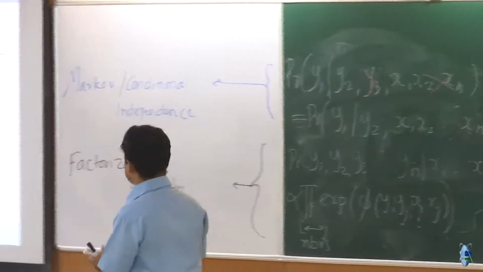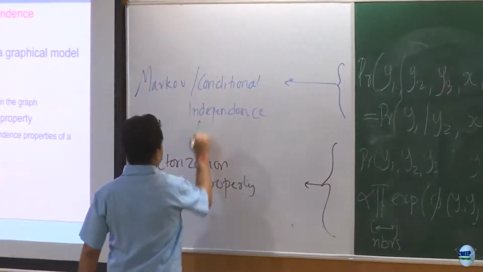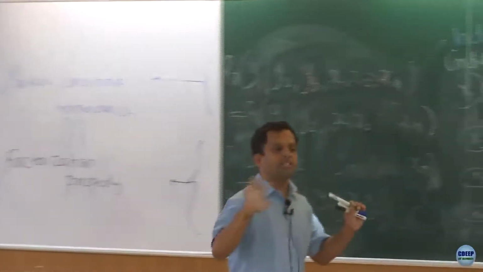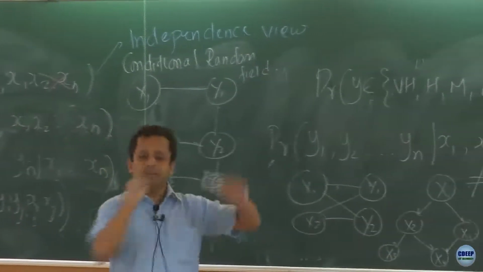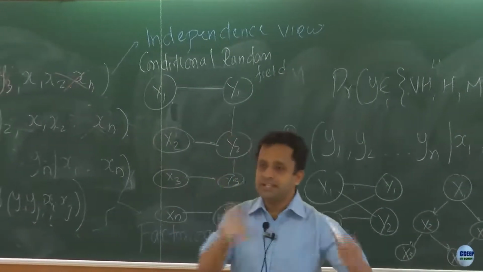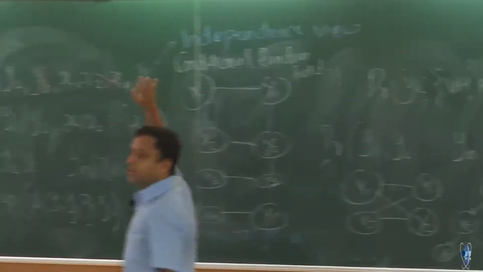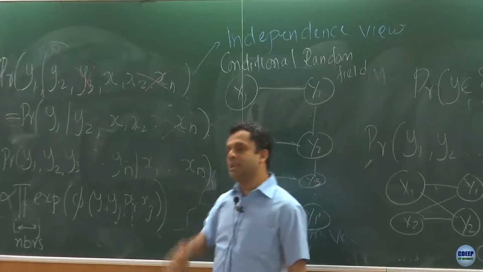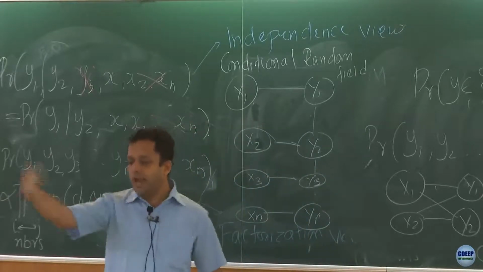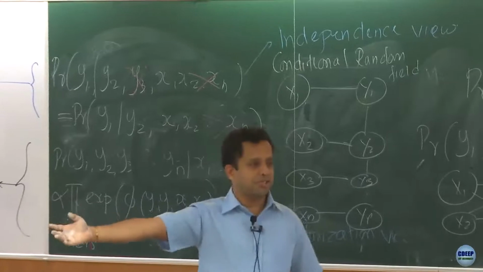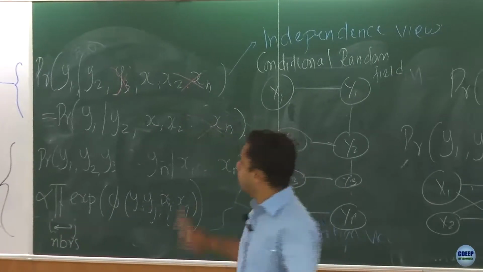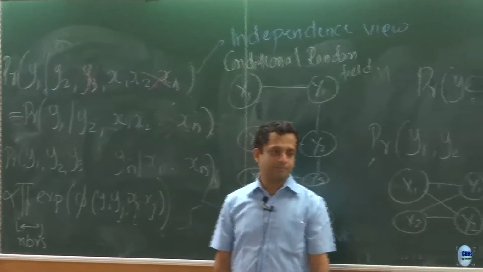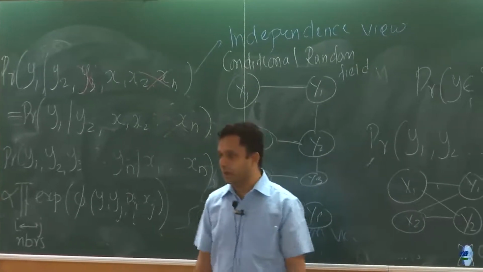In some sense these two are equivalent, and I will tell you under what conditions. I give you a graph built to honor some conditional independence properties, and by looking at the graph and the conditional independence assertions, you are able to come up with the factorization that will respect the conditional independence. So that is the equivalence we are talking about.